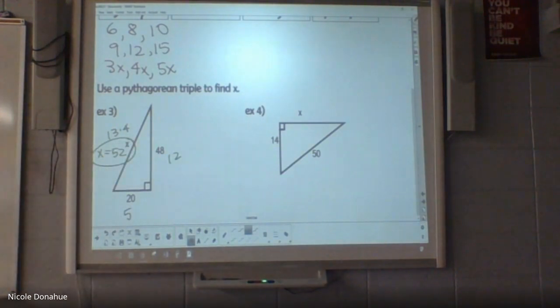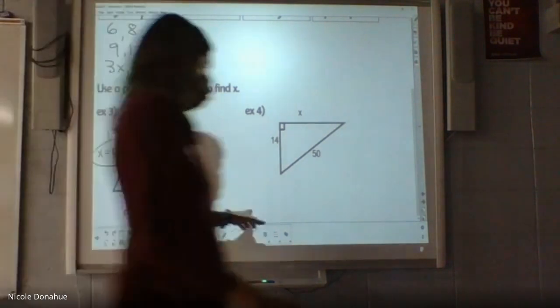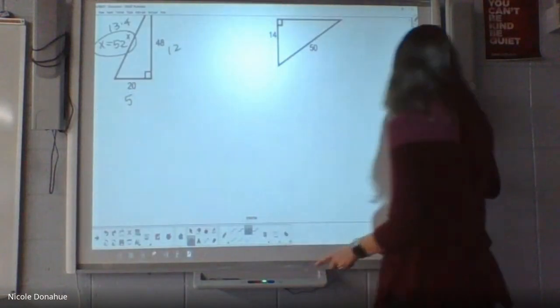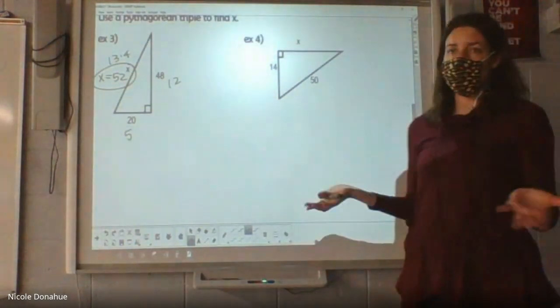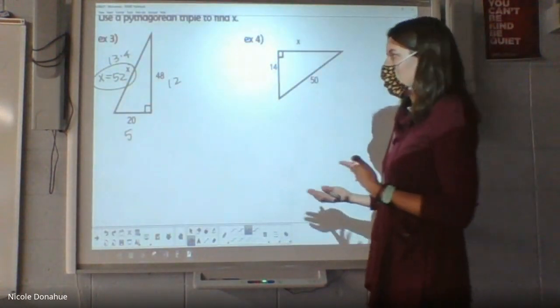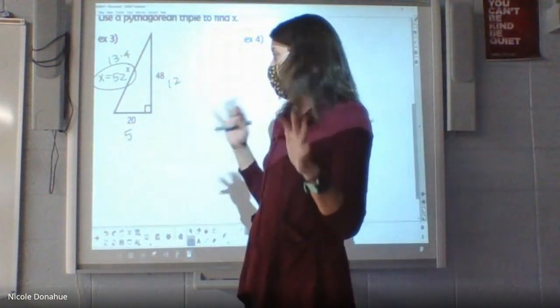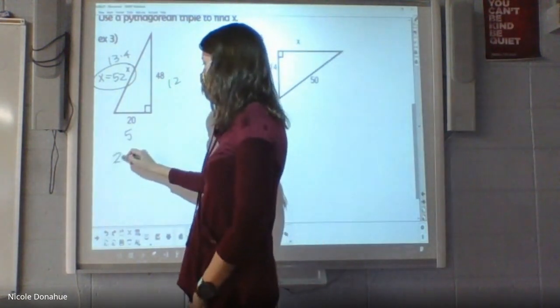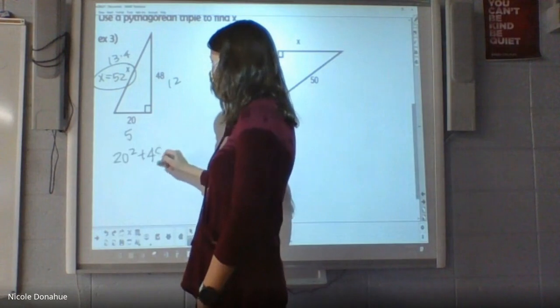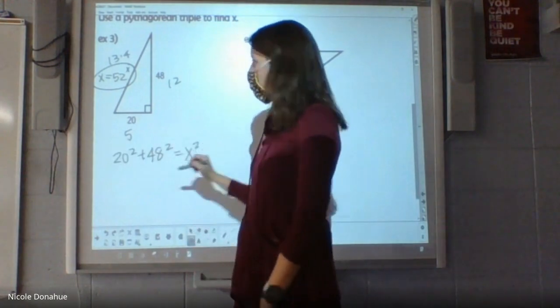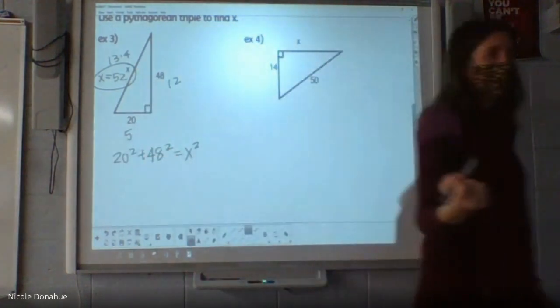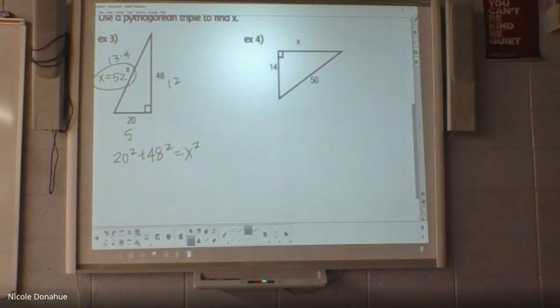Now, you might be saying, why in the world would you not just do the Pythagorean theorem? You could have. If the book says use a Pythagorean triple to do this, and you got crazy and said, no, I'm just going to do the Pythagorean theorem, you're still going to get the same answer. You're still going to get 52. It's just you're working with some really, really big numbers.